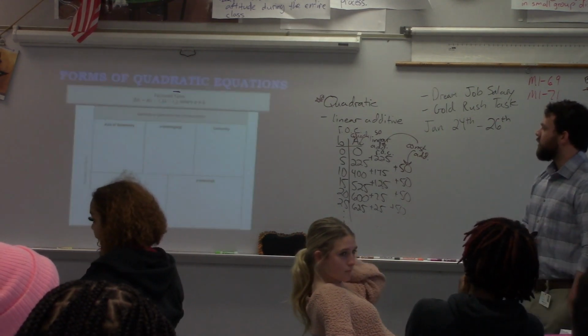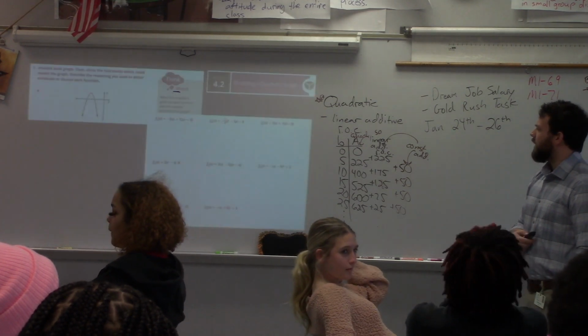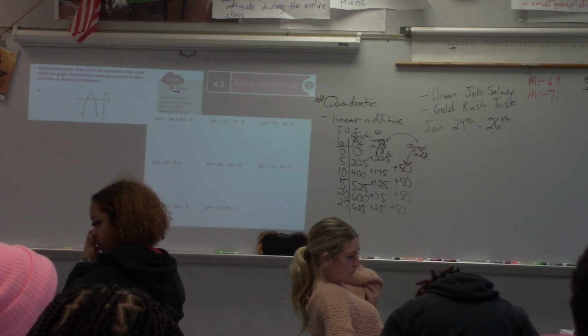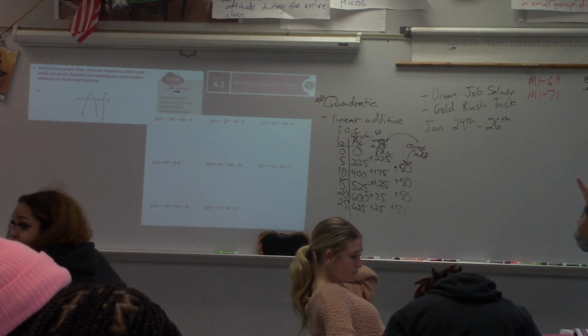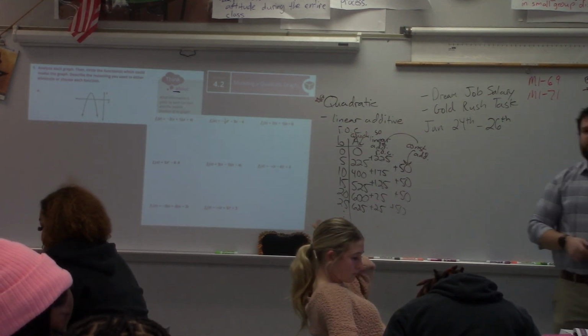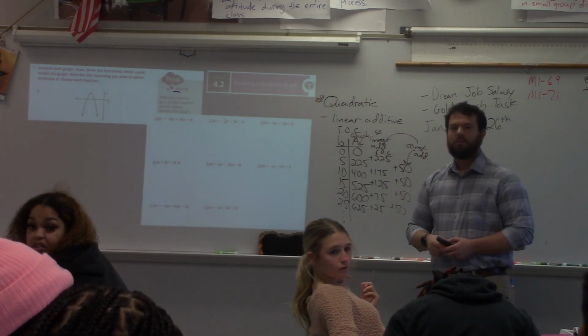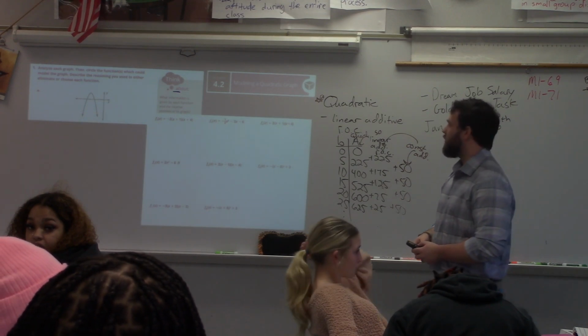Alright, so here's where we are now. Quick recap of everything. We're on activity 4.2. Looking at this activity, this is that M1-57 that Jamarcus helped us out with.